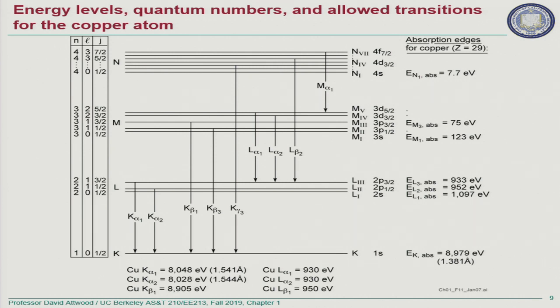There are certain rules, like you've got to go plus or minus 1 in L, and there are all these rules. But basically the point is that there's a bunch of possible states, but not every combination of two states is actually an allowed transition. So when you look at the spectrum of one of these atoms, you're just going to see this reduced number of absorption edges.